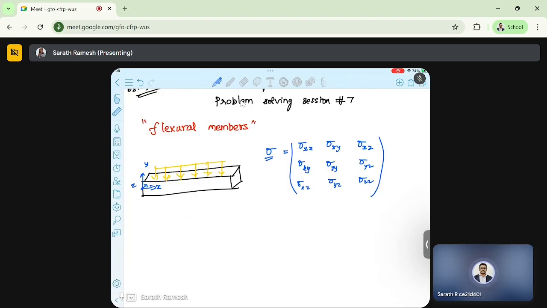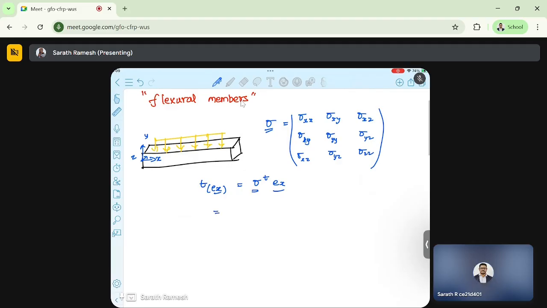We know traction at some plane with normal Ex is given by sigma transpose times Ex. This gives sigma xx Ex plus sigma xy Ey plus sigma xz Ez. So this is the traction along Ex.